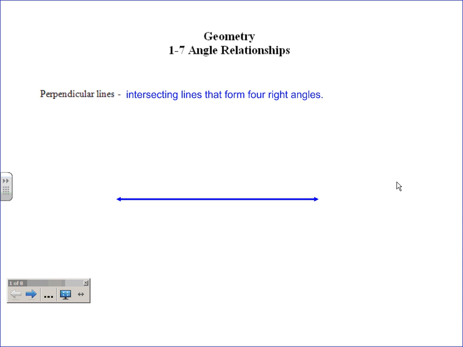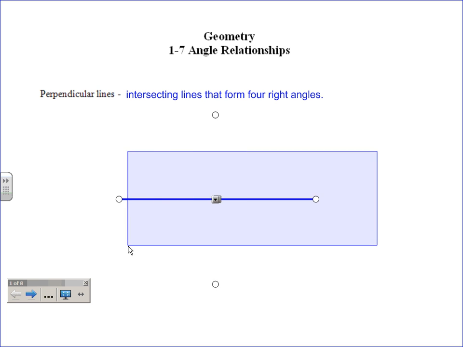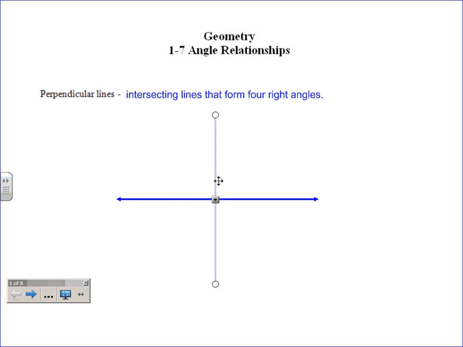Intersecting lines that form four. Right, four. How does it form four right angles? How's that work? Let's see if this other one, yeah, that one's still there. So why that other one got moved, I have no idea. Right now, do we have any right angles in that picture?